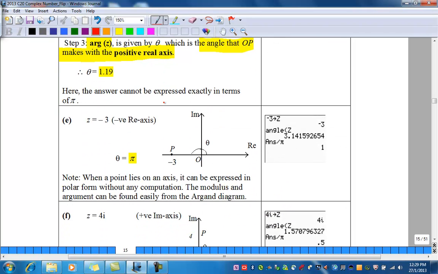E. Negative 3. It is 3 units on the negative real axis, and the angle that it makes with the positive real axis is theta. Therefore, theta is equal to pi.